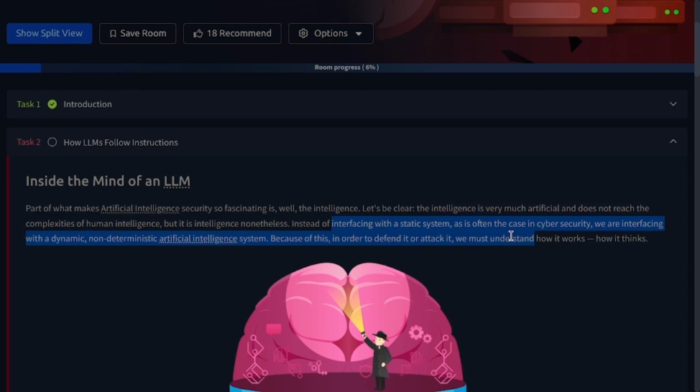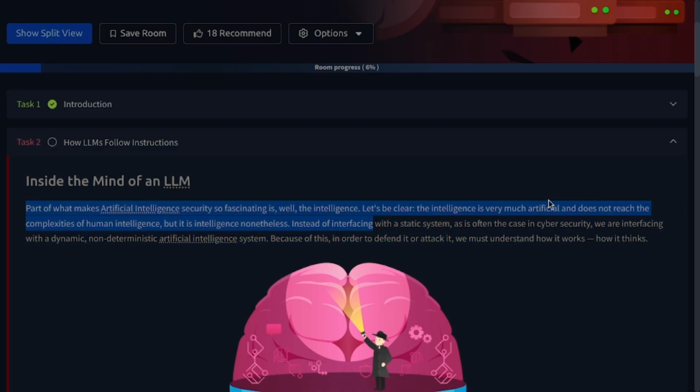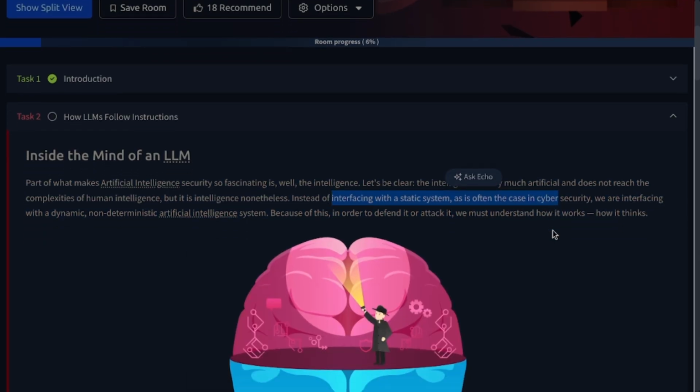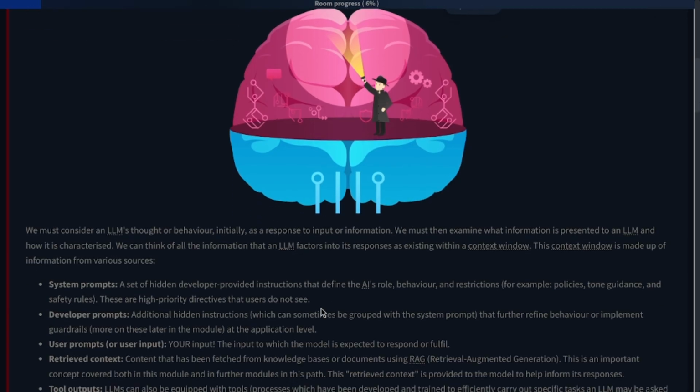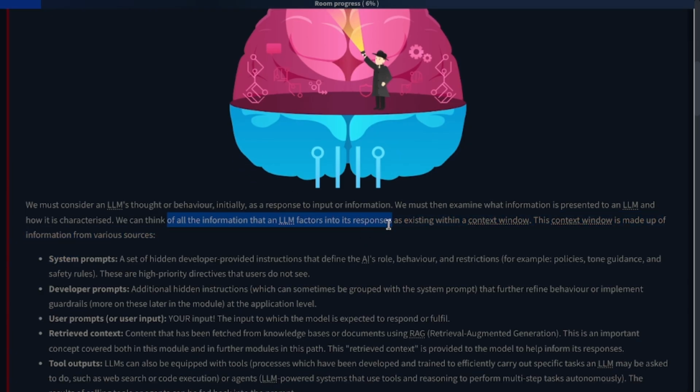Because of this, in order to defend or attack it, we must understand how it works and how it really thinks. We must consider a large language model's thought or behavior initially as a response to input or information. We must then examine what information is presented to an LLM and how it is characterized. We can think of all the information that an LLM factors into its responses as existing within a context window.